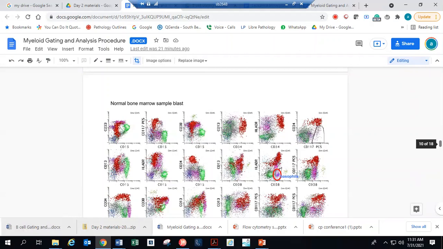So in MSK, they used to place importance on what a normal blast will have in maturation and how it will look versus an abnormal blast and what are the features, and we are going to see that.